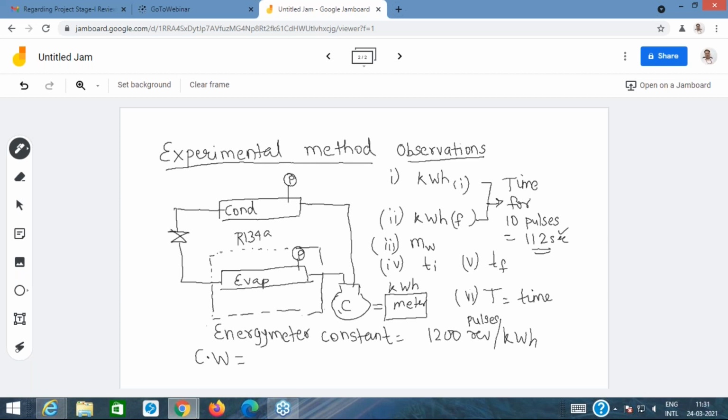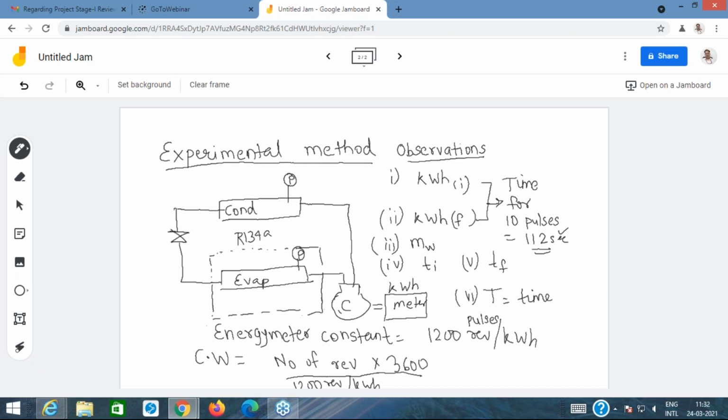Then you can find the compressor work using the expression: number of revolutions or number of pulses into 3600, because 1 hour is 3600 seconds. That is the reason why you are multiplying it with 3600, upon the energy meter constant, which is 1200 revolutions per kWh, into 112 seconds.